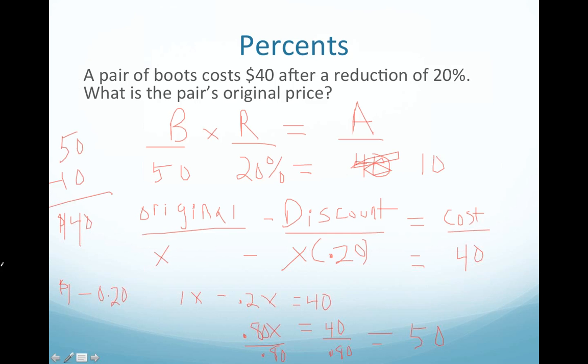Okay, so that's how we work it. So the base was 50 in this case. If we went back to our original one, we would have 50 minus 50 times 20% equals 40. Okay, and from there, that would give us 50 minus 10 equals 40.